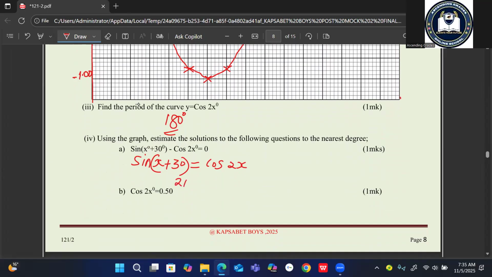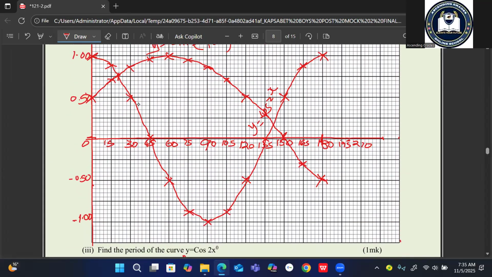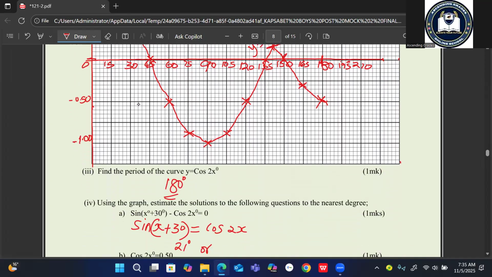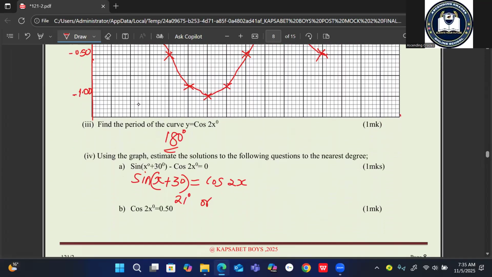It's either 21 degrees or then another one. We have it there, where the two functions are the same. So that one is 140 degrees. So that is the solution of that one.